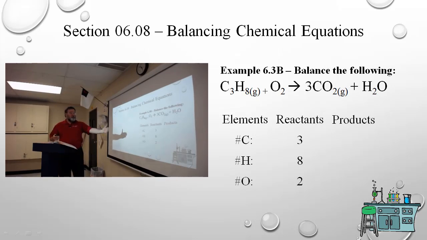So, elemental counts on the product side. How many carbons are currently being used for production? We see 3 of them, 3 sets of 1. Hydrogen, 1 set of 2, and oxygen, 3 sets of 2 and 1 set of 1 for a total of 7.